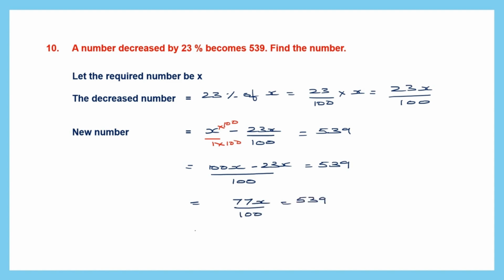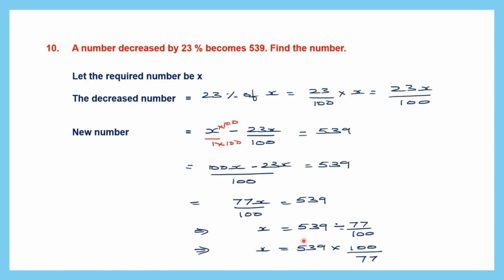Now if we have to find the value of x alone, we say 539 divided by 77 by 100. So that becomes x is equal to 539 into, because division changes to multiplication and we write the reciprocal, 100 by 77.